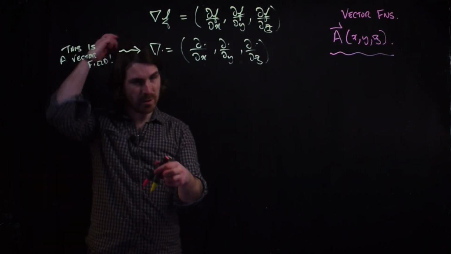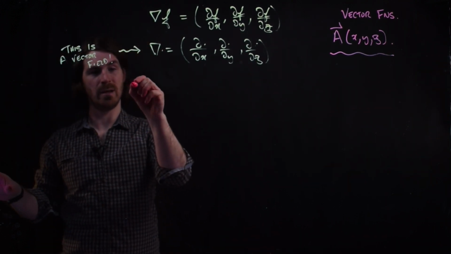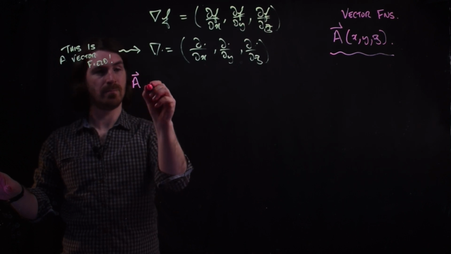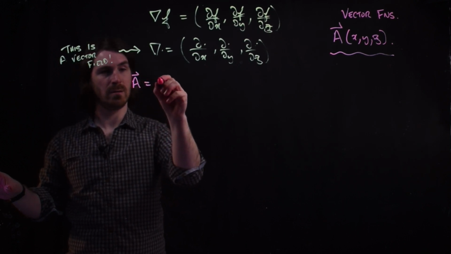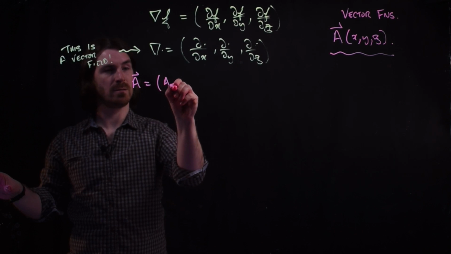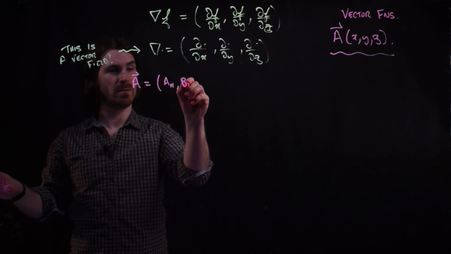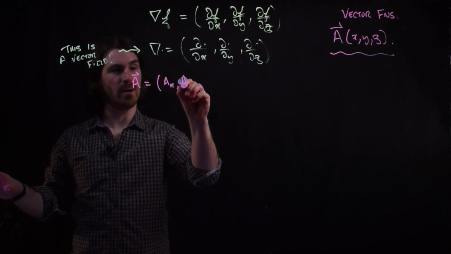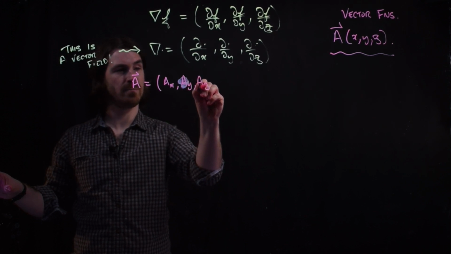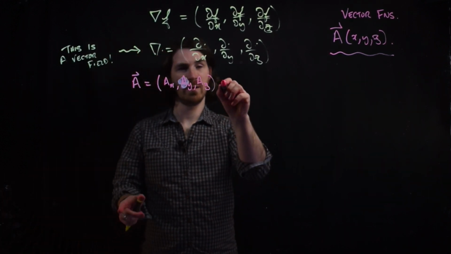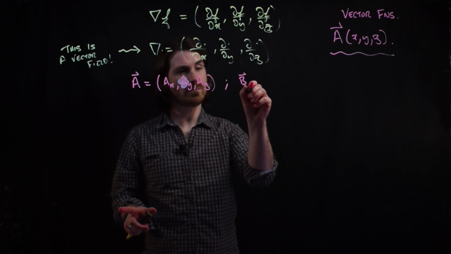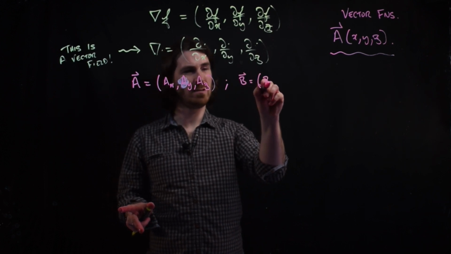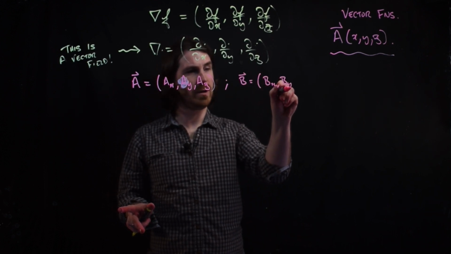So let's think about if we had two vectors, let's say a and b. A given by ax, ay, and az. That's one vector, and then a different vector b, which is bx, by, bz.